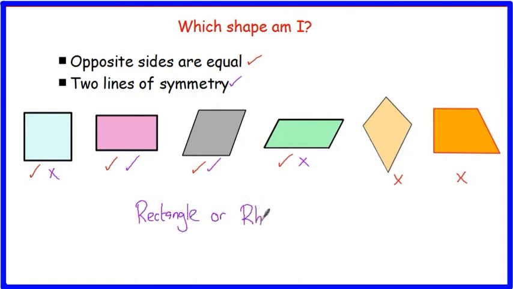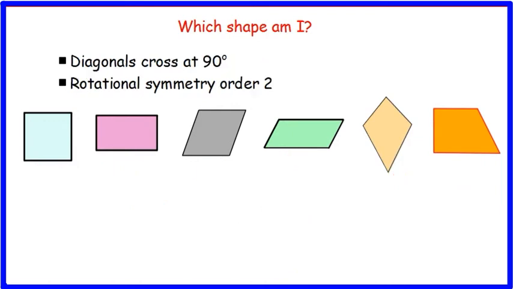Rhombus. Which shape am I? Diagonals cross at 90 degrees. So I'm going to put a tick for that diagonal. That one's got a 90 degree angle. That one does not. This one does not.